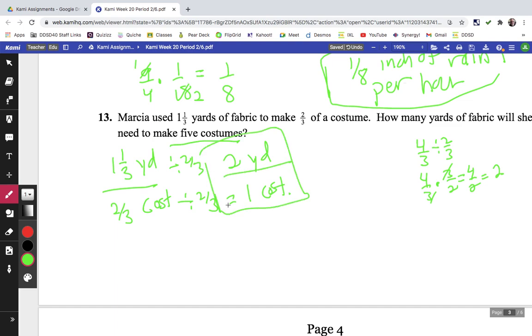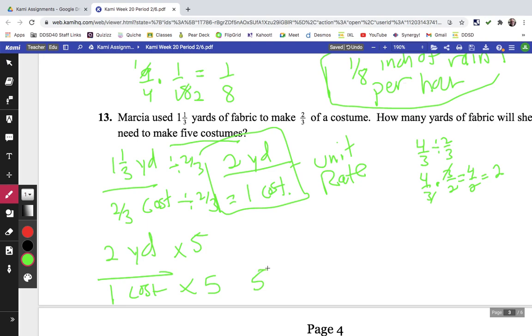That's a unit rate, not my answer. Now I can take that unit rate of 2 yards per costume, multiply it by 5, and it will not change the rate, and that will give me 5 costumes and 10 yards.